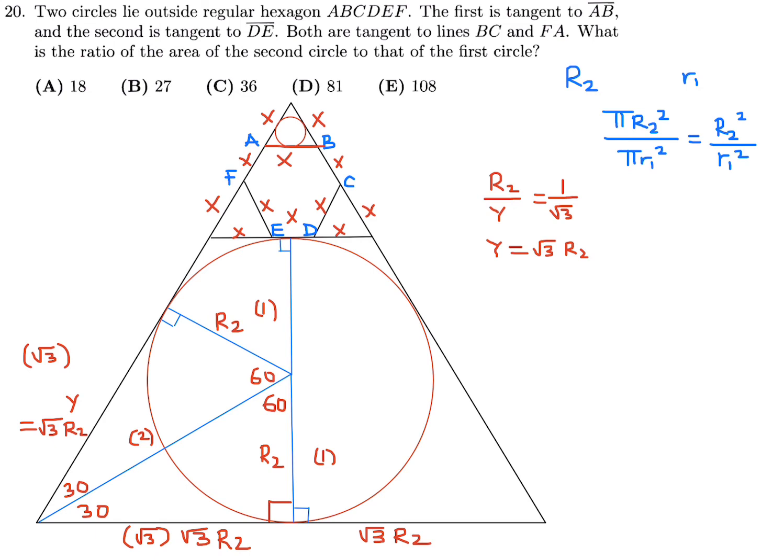And it's a little bit harder to see, but this section right here from E to D is going to be cut in half by this point. So this, which is half of E to D, I will just draw right here, is going to be equivalent to x over 2.